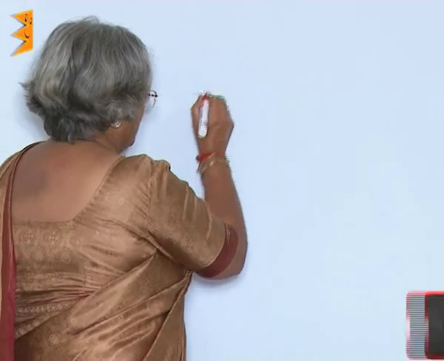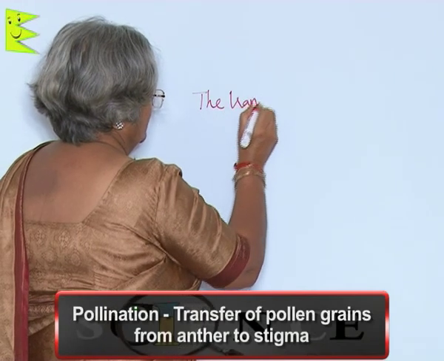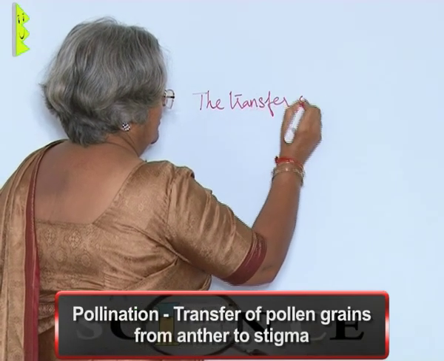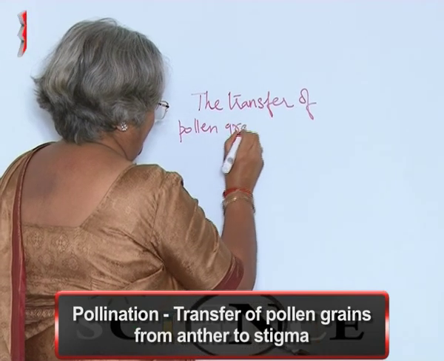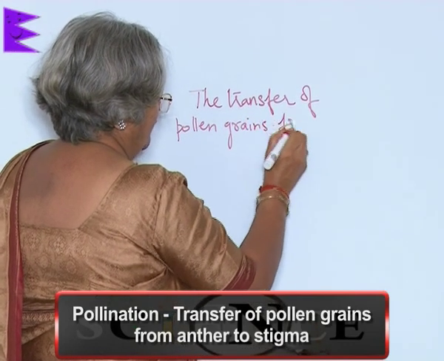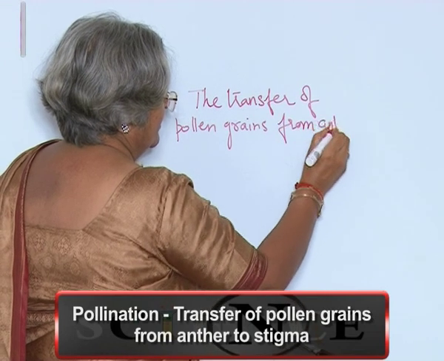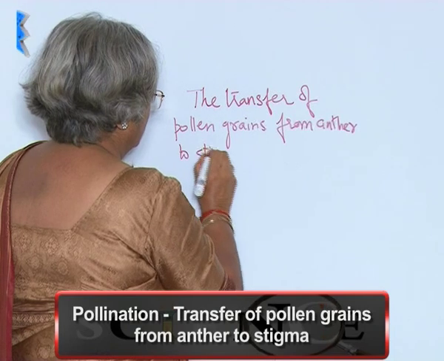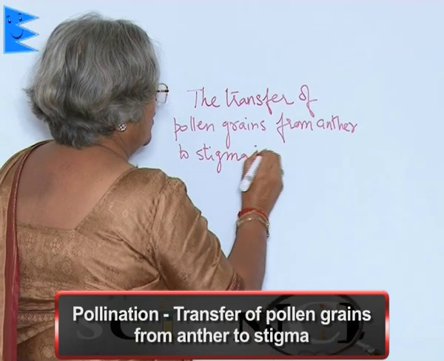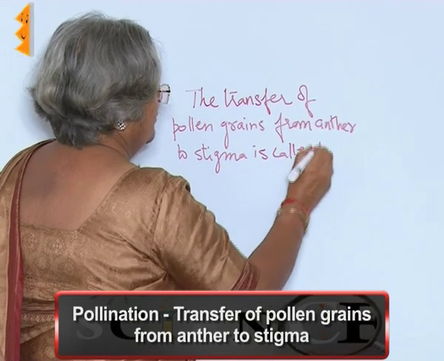So, the transfer of pollen grains from anther to stigma is called pollination.